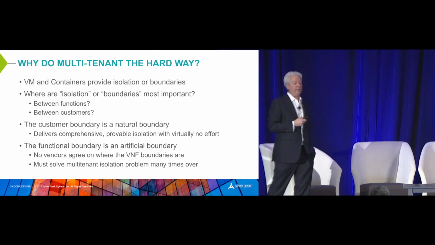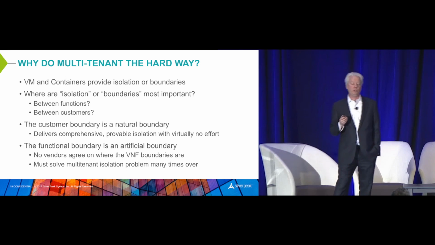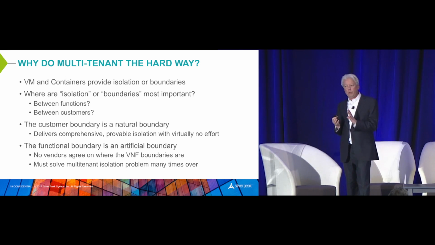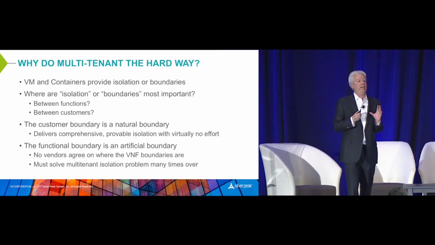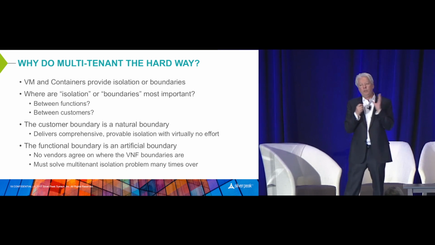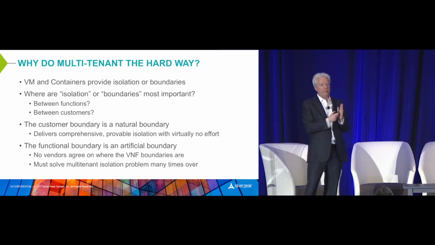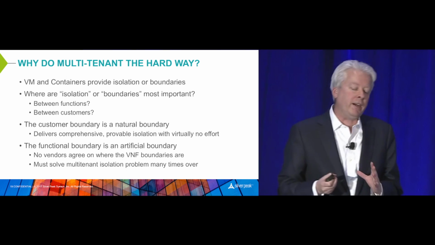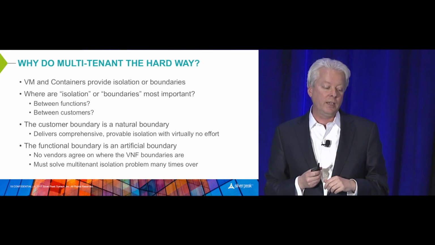One thing I think it's interesting to think about: VMs and containers provide boundaries. Where should we put them? The natural boundary, I believe, is between customers. It lets you use virtualization to deliver comprehensible, provable isolation between customers. Using functions as a boundary is in some senses artificial.